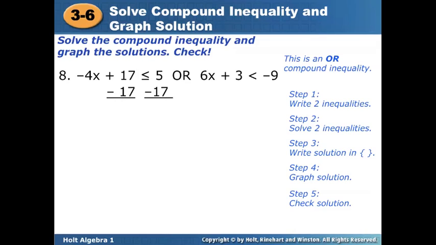You should start by solving each inequality. Notice what we had to do here. First, we subtracted 17. Then, we divided by -4. Always remember the rule: if you multiply or divide by a negative, you have to reverse the symbol for the inequality.